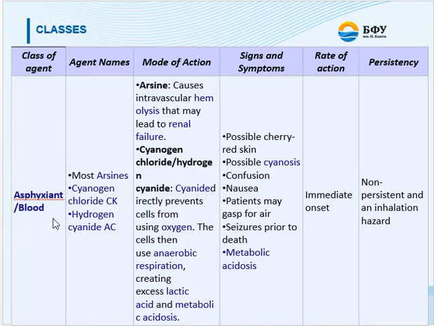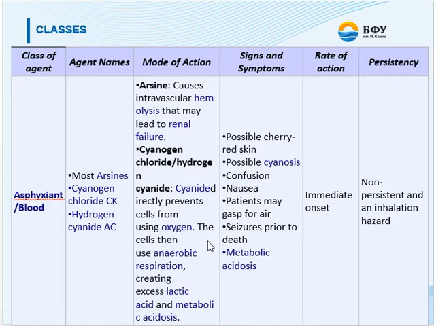Class: asphyxiant, blood agents. Agents: arsine, cyanogen chloride, hydrogen cyanide. Mode of action: arsine causes intravascular hemolysis that may lead to renal failure. Cyanogen chloride and hydrogen cyanide directly prevent cells from using oxygen.